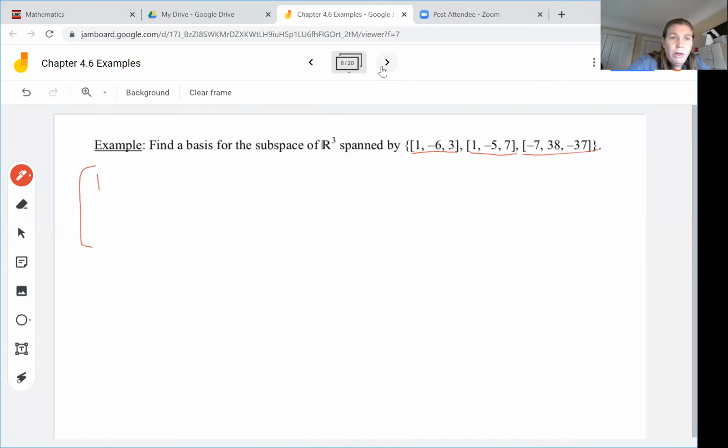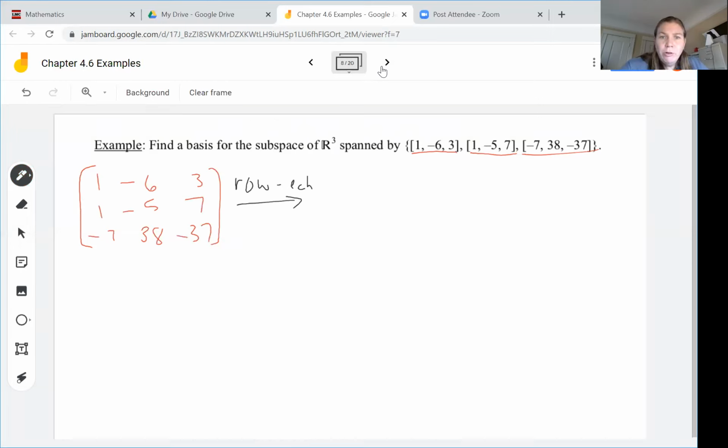I've got 1, negative 6, 3 in the first row, 1, negative 5, 7 in the second row, and negative 7, 38, negative 37 in the third row. Then I'm going to put them in row echelon form first, and then we'll look at reduced row echelon form also.